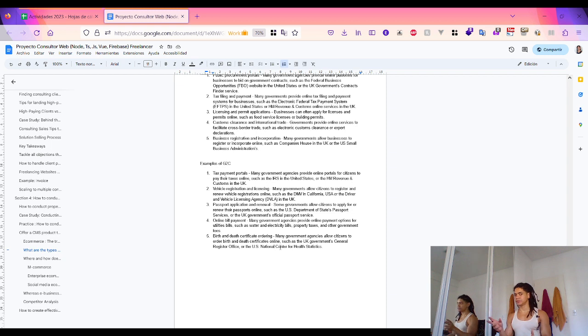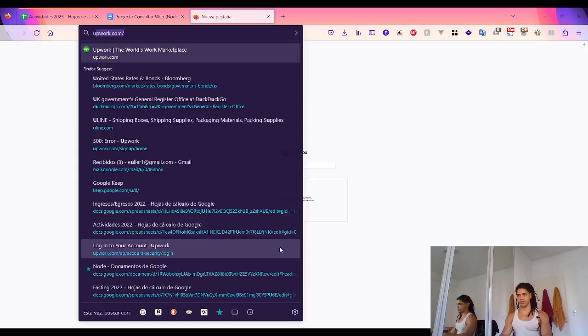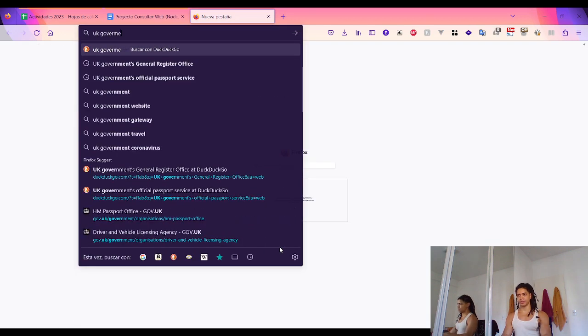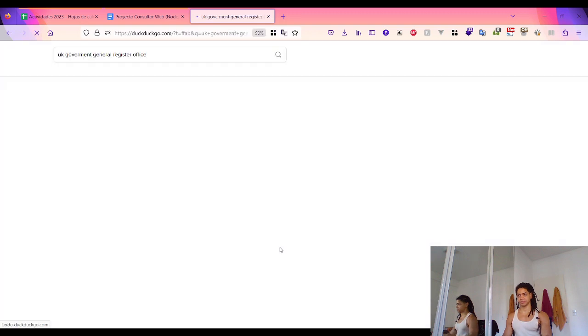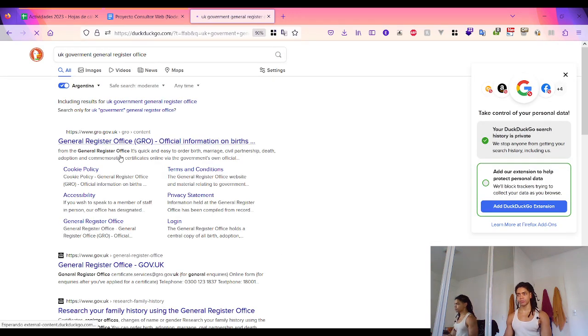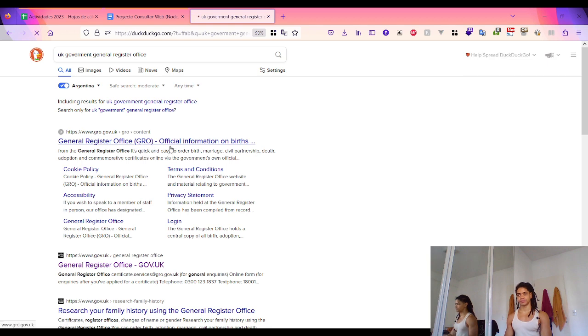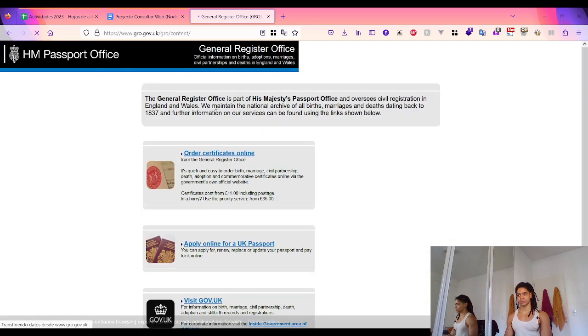Many governments allow their citizens to order birth and death certificates, such as the UK Government General Register Office.